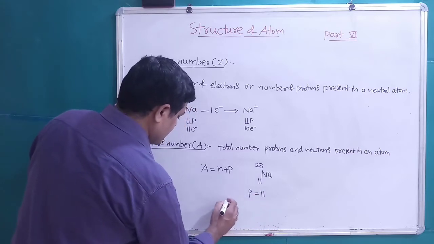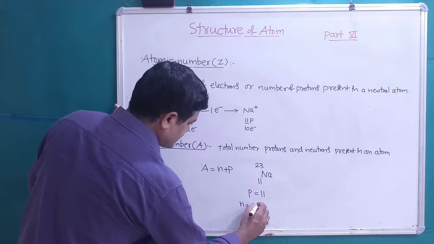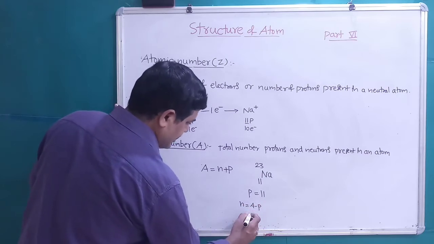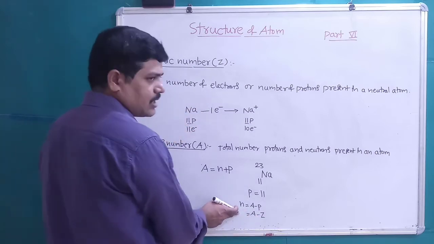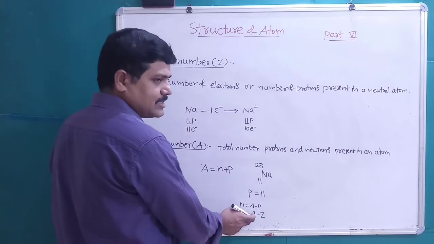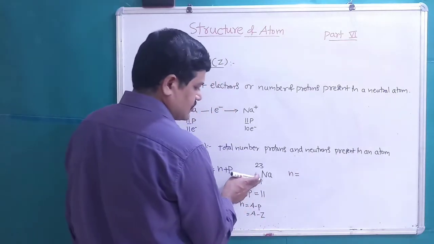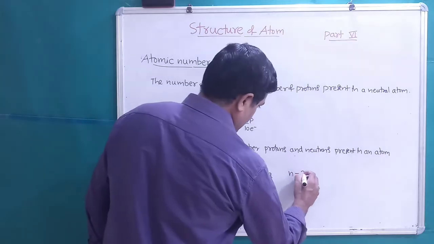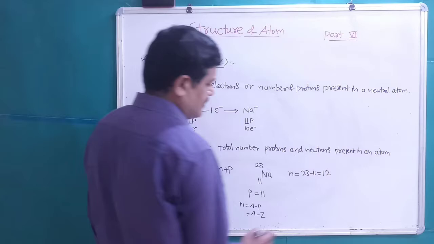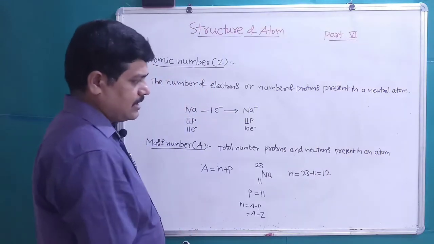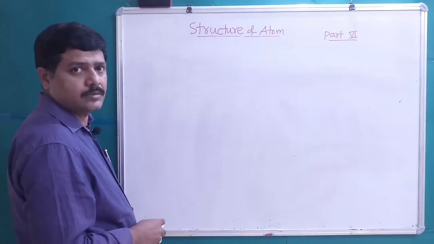So the number of neutrons, N = A - P, or in place of P we can write the atomic number Z, so N = A - Z. Number of neutrons is equal to mass number minus atomic number. So the number of neutrons in sodium, 11Na23, is 23 - 11, which is 12 neutrons present.